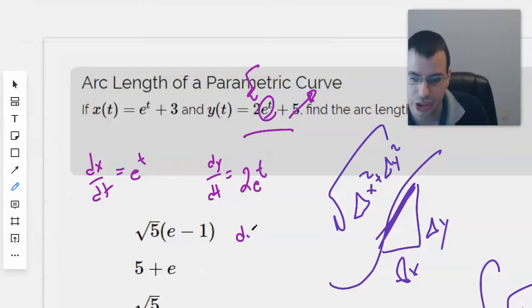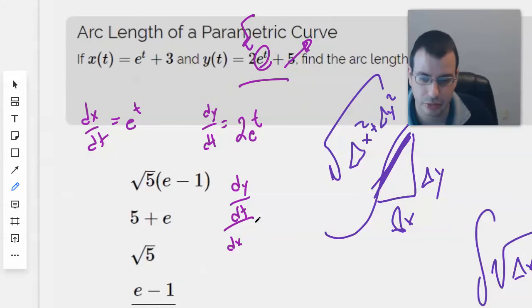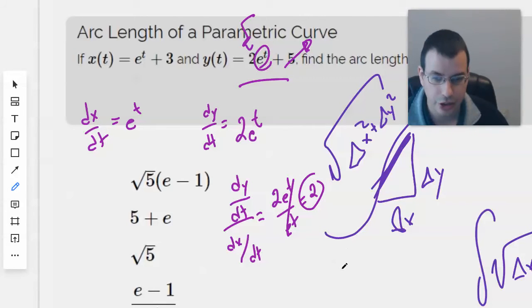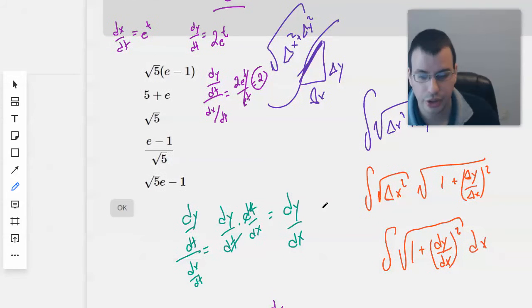So dy dt over dx dt equals, this will be easy, 2e to the t over e to the t, which equals 2. Got it. So dy dx equals 2.